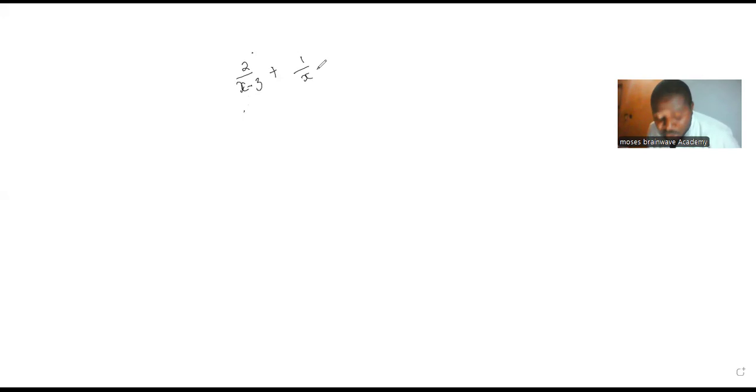How do we mean? All you're expected to do is to look for the lowest common multiple, just look for the LCM and then you multiply.